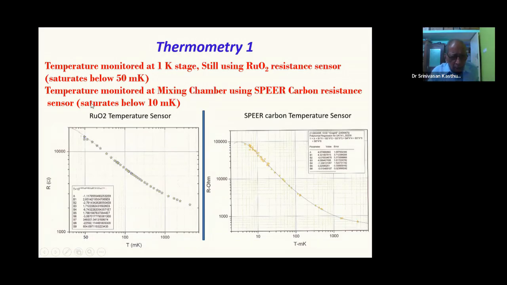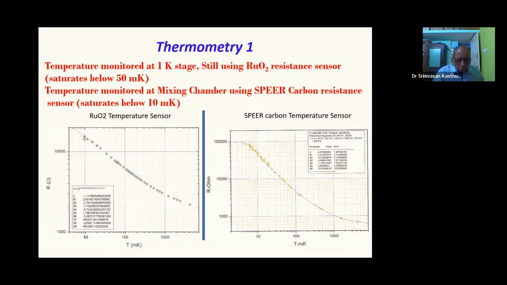So you see here, it's a logarithmic relationship, but it gradually keeps on becoming very high at very low temperatures, but it follows a curve, and using this calibration curve, you will be able to measure the temperature. So as you go to lower and lower temperatures, the resistance keeps on increasing for the ruthenium oxide temperature sensor.